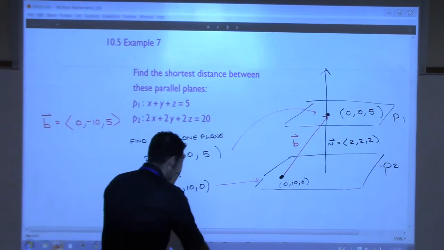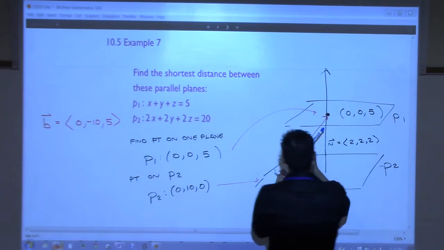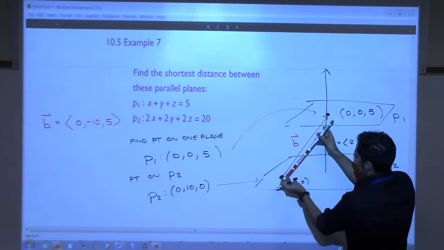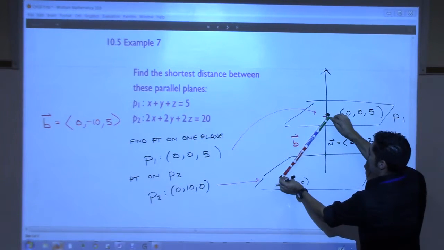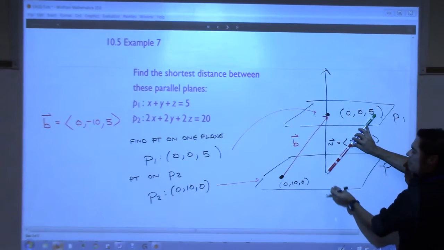So if we take this red vector, don't have enough reds here. We take this red vector and we slide it to the normal, right?